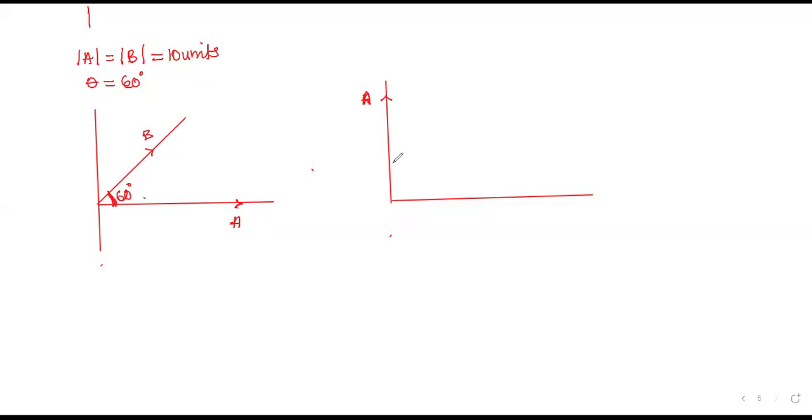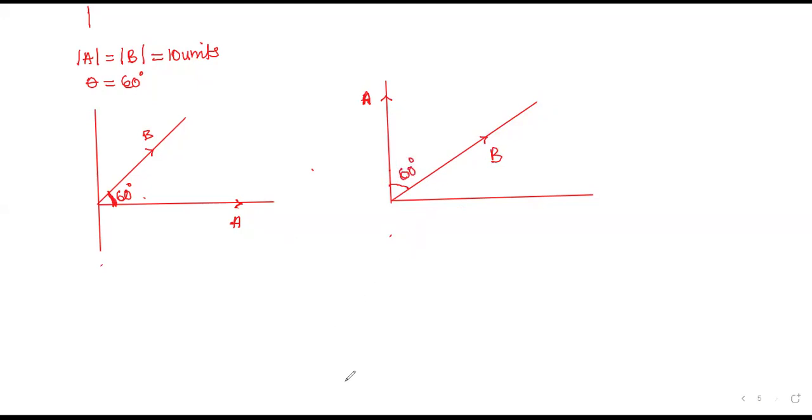Now, when I measure an angle of 60 from A, I locate the other vector B. So this is B. And the most important thing is that the angle separating A and B is 60.